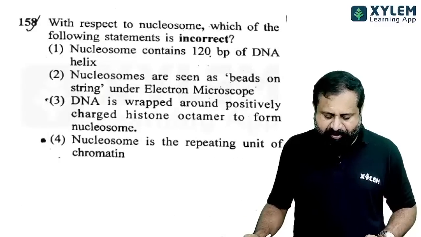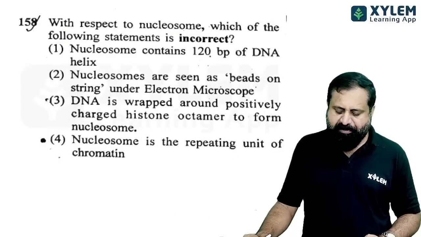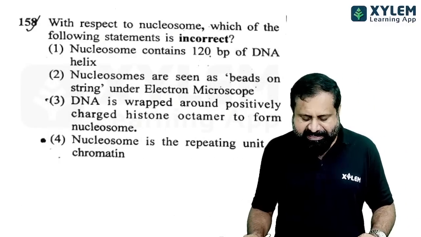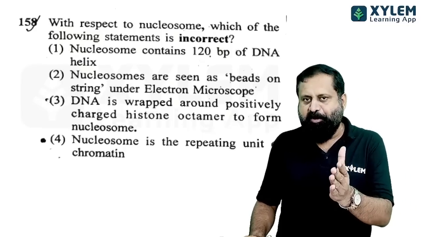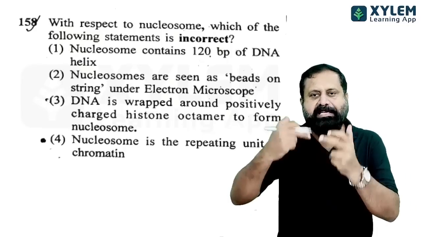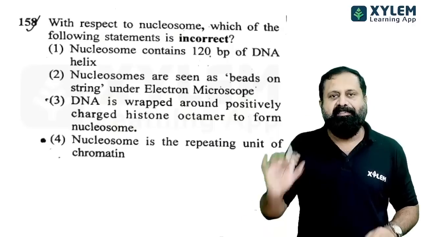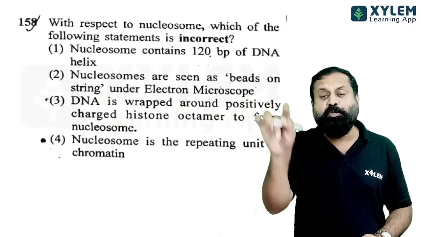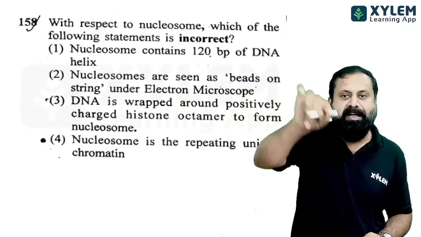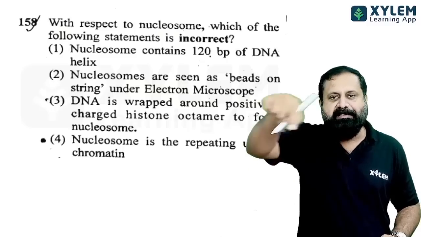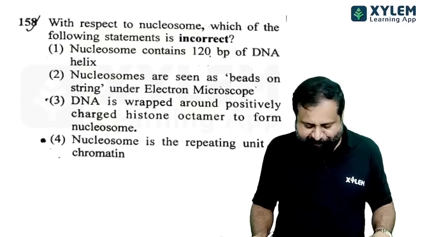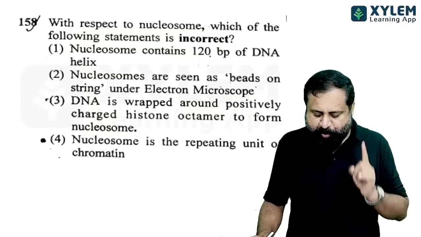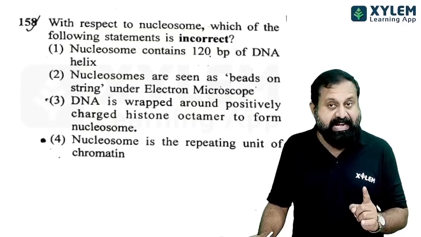And 158. With respect to the nucleosome, which of the following statements is incorrect? In your second year genetics, molecular basis, you can see the binding of DNA. One nucleosome contains a histone octamer and it is wrapped by 200 BP of DNA. So 1. Nucleosome contains 120 BP of DNA helix.